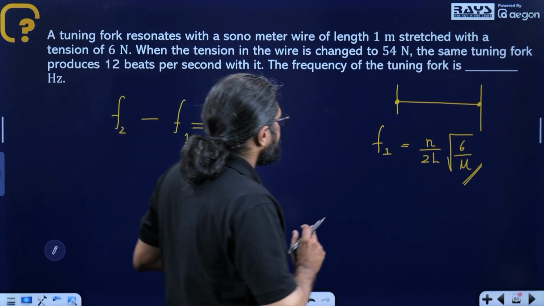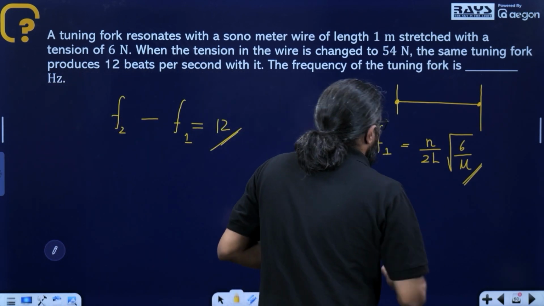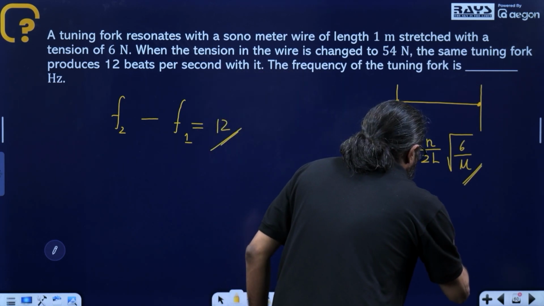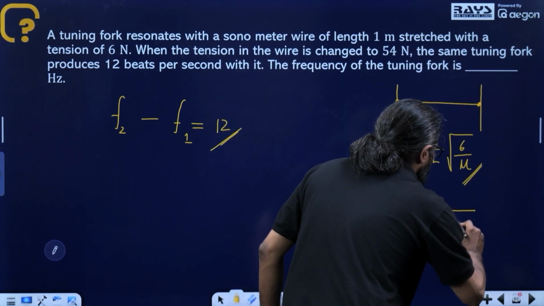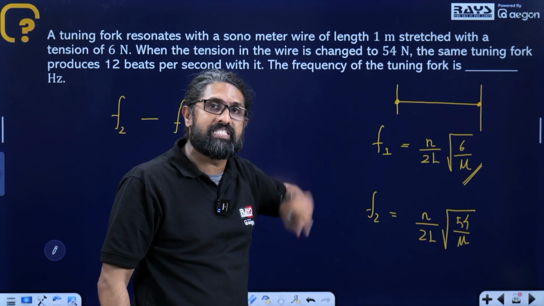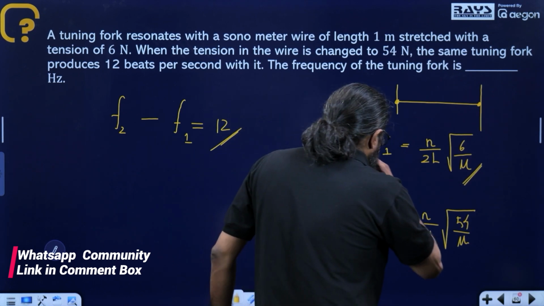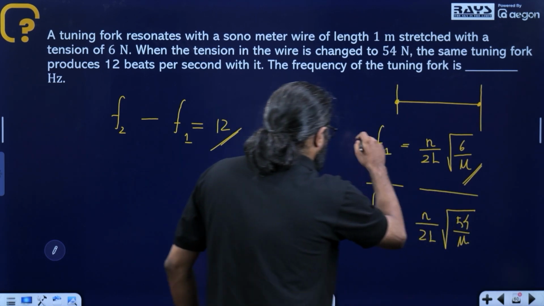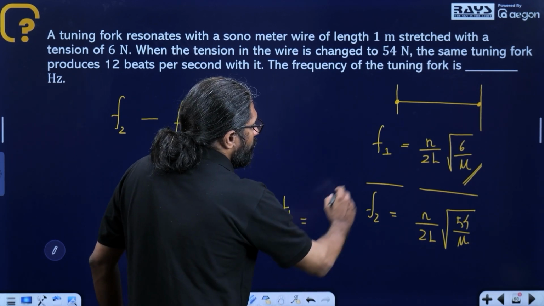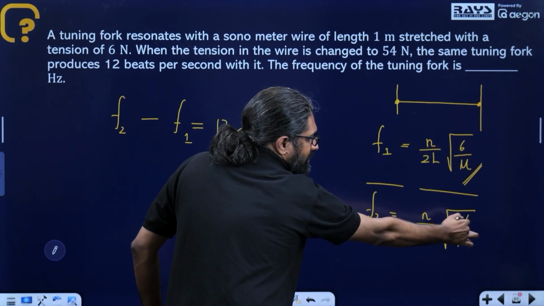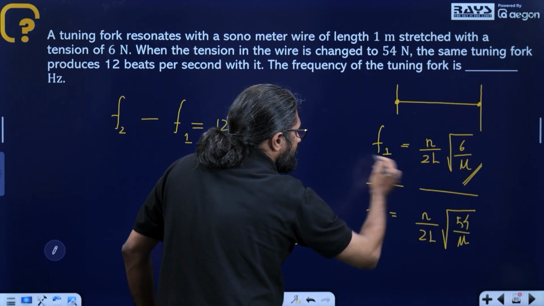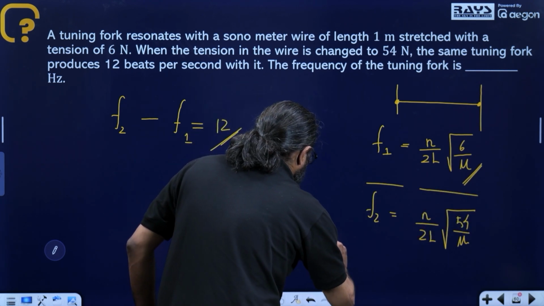All right? Now, in the second case, assume the string vibrates in the same mode. Then the frequency of the string in the second case will be n by 2l into root 54 by mu. Okay, and that will tell you that if you divide both these, f1 by f2 will be equal to, see here we can write 6 into 9, and then only root 9 remains extra. Root 9 is 3, so I have 1 by 3 here.